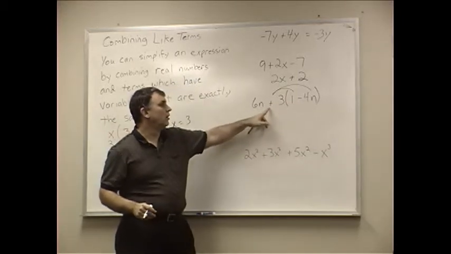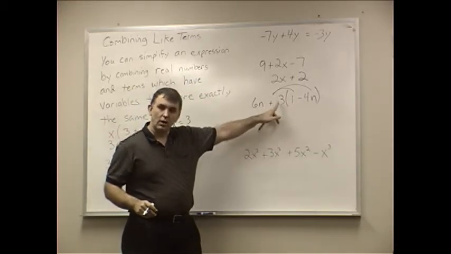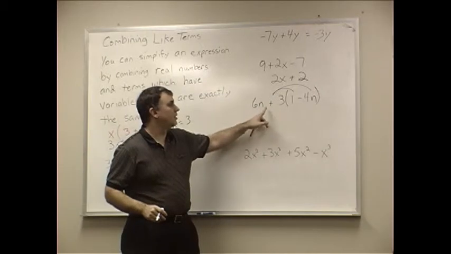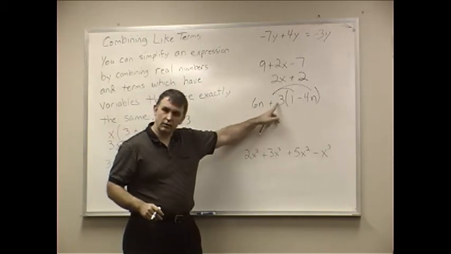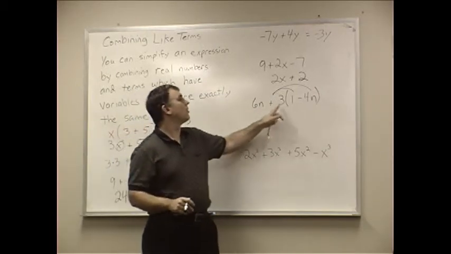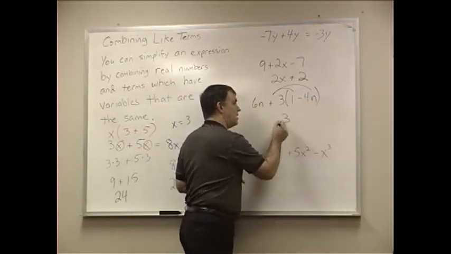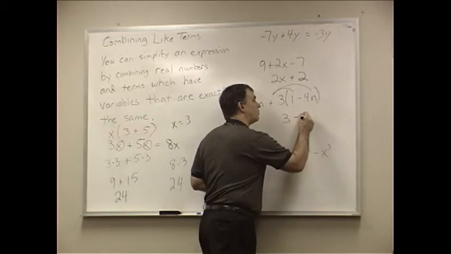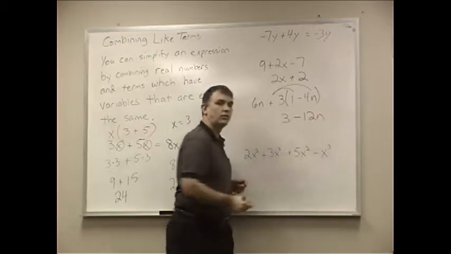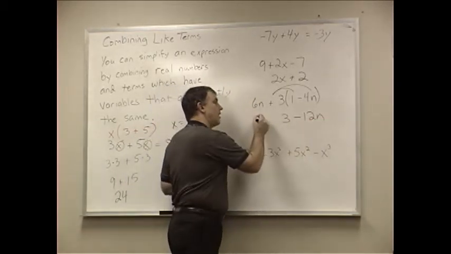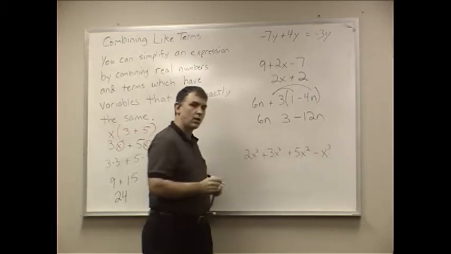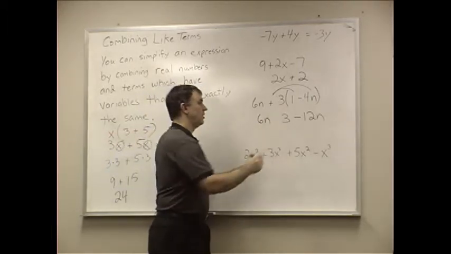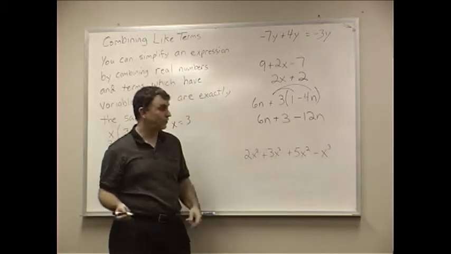Now I want to point out, this is plus 3, so I'm treating this 3 like it's positive. If this had been minus 3, I would have treated this 3 like it's negative. 3 times 1 is 3. 3 times negative 4n is negative 12n, so I'm going to write minus 12n. And the 6n, I'm just going to rewrite. This 3 is positive. Since it's positive, I write a plus.